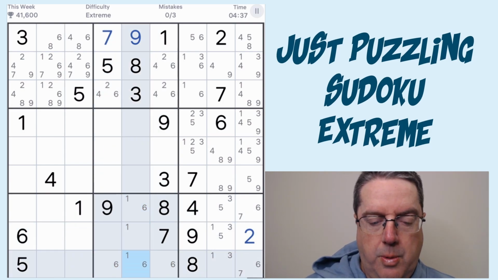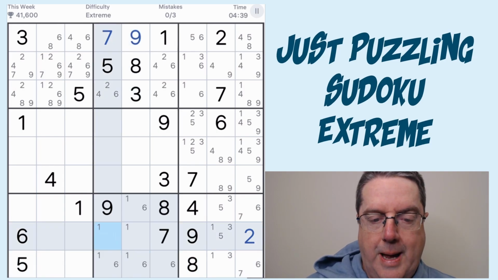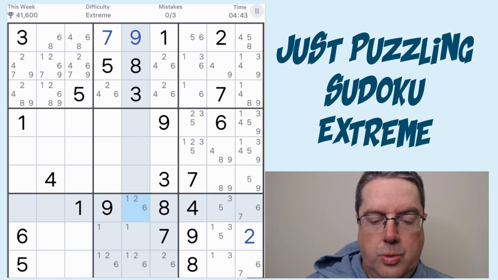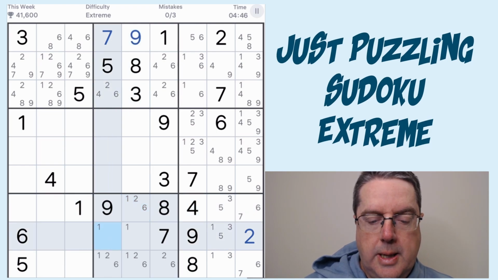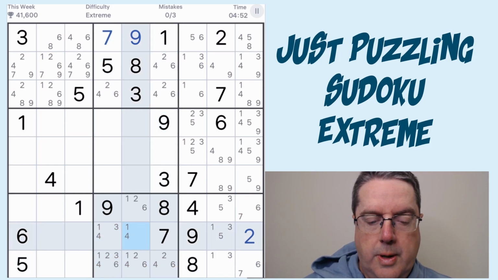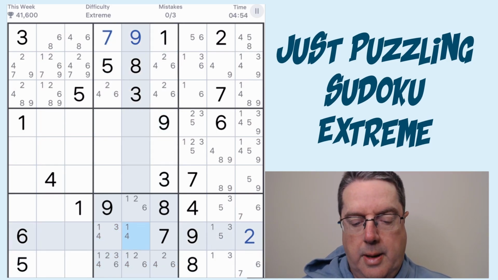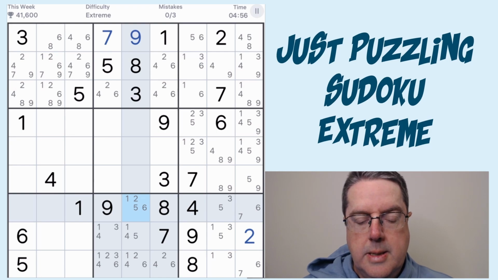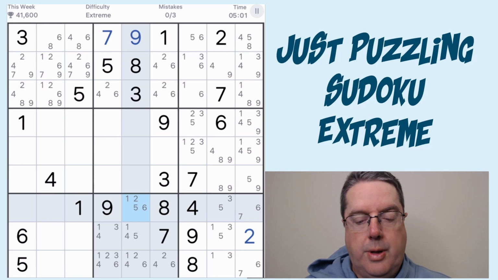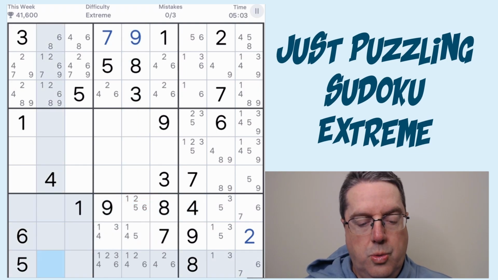I should have started with 1 to keep my patterns going. 2, top and bottom. 3 are these 2 here. 4 is the bottom 2 rows. 5 is this middle row here. 6 I've done. 7 I've done. 8 and 9. Okay, so let's go to the next one.